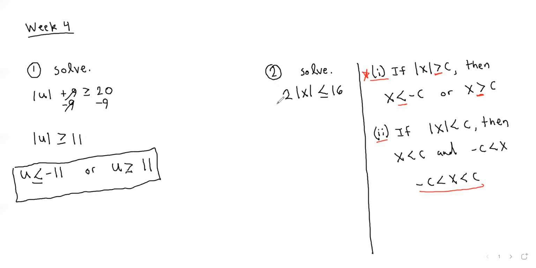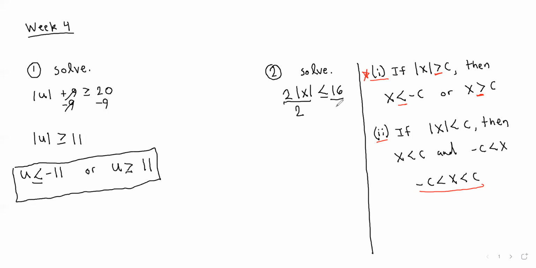Now let's look at problem 2. So we want to solve, and we're given the equation 2 absolute value x is less than or equal to 16. Like problem 1, we want to isolate the absolute value, so we need to get rid of the 2. To get rid of the 2, we just divide both sides by 2.